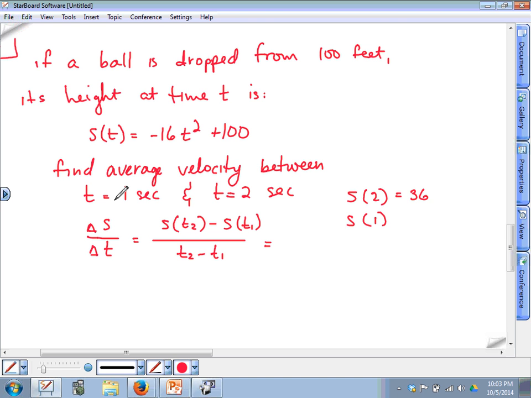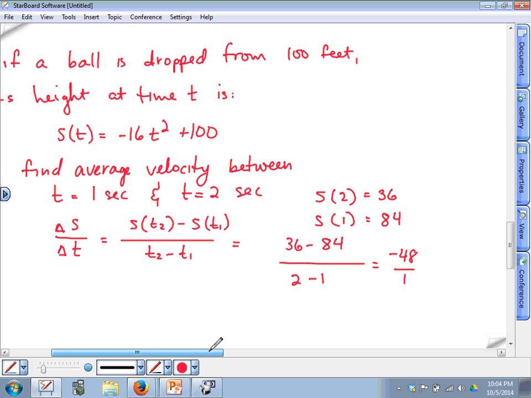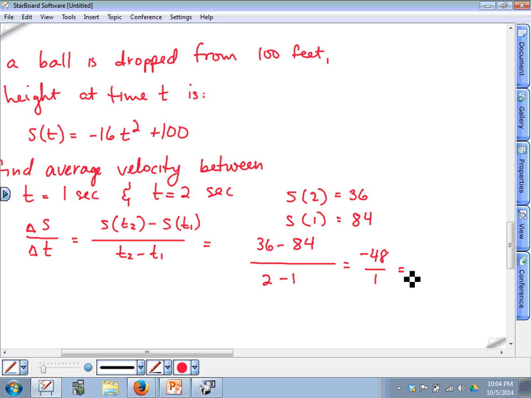Position at 1 second, s of 1, is negative 16 times 1 squared, which is negative 16. Negative 16 plus 100 is 84. So what we have here is 36 minus 84 over 2 minus 1. This is negative 48 over 1. So the average velocity, or the average rate of change, is negative 48 feet per second.